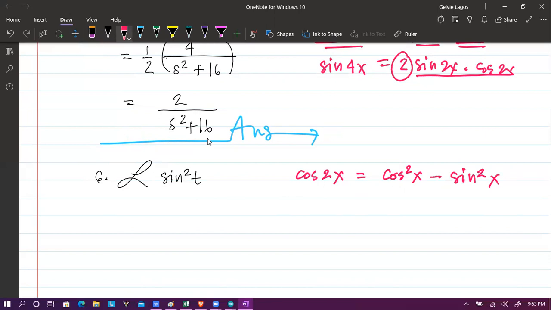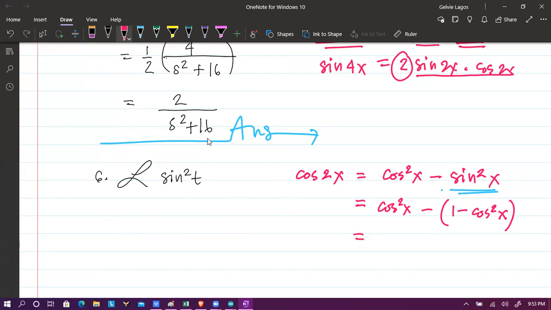Okay, now another identity for cosine 2x is when we change this one. Let's copy this one, and we will change sine squared x to 1 minus cosine squared x.